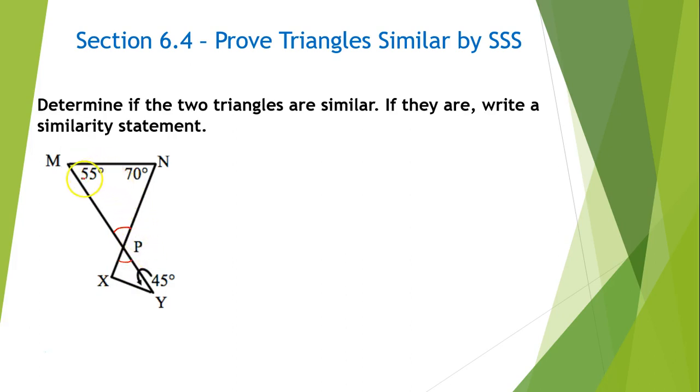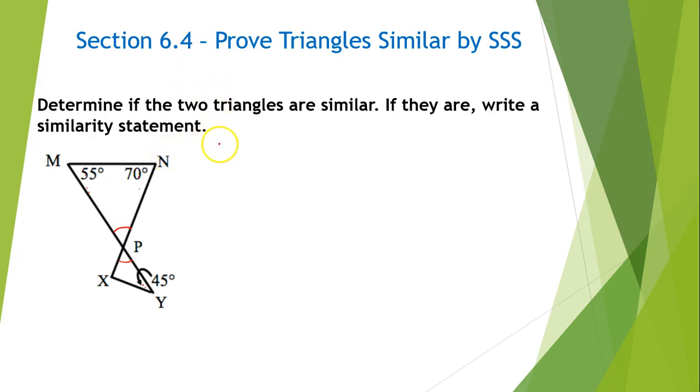And then over here we have angles 55 and 70. Well, this one is 45. Well, that already tells you right off this angle is not congruent to either one of these. So we do not have similar triangles.